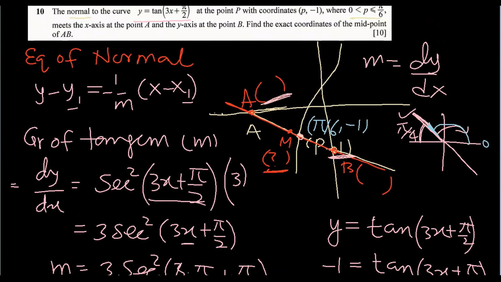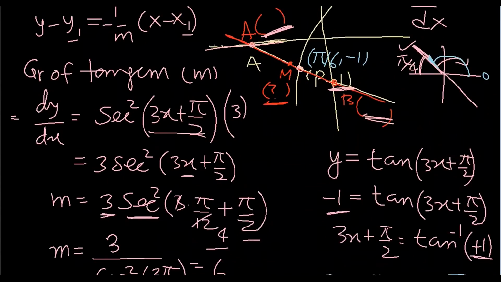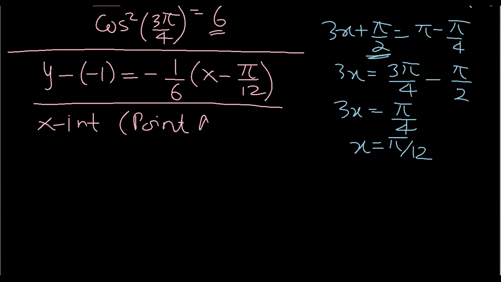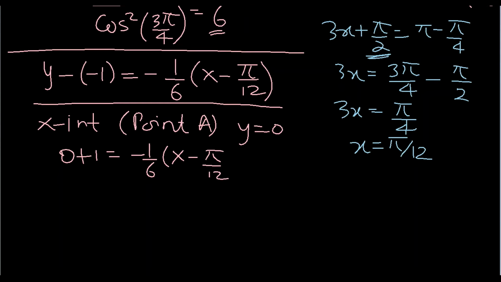So now this is the equation of the normal, but that's not what our final destination was. Our requirement was to find the coordinates of A and B. So A is the x-intercept of this line. For x-intercept, we put y equal to 0 in this equation, which is point A on the graph. So 0 plus 1 equal to minus 1/6 times x minus pi by 12. So 6 will go and multiply here, minus 6 rather.